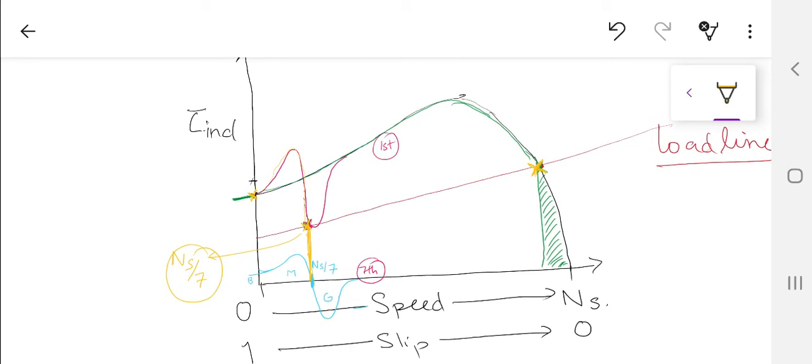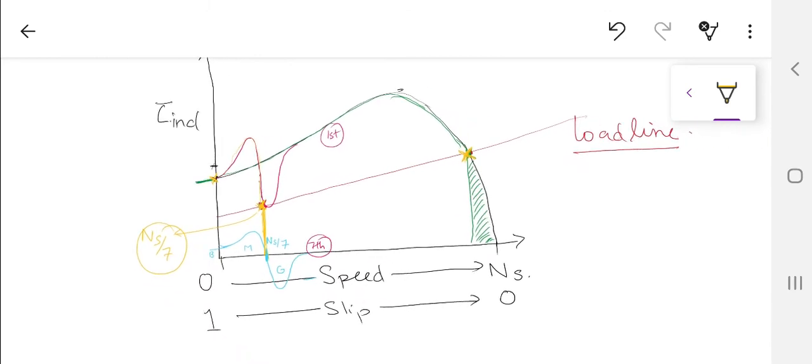This was a low slip region. Now, this is a high slip region, and if you want to find out the slip with respect to your revolving magnetic field, because the machine is now working at ns by 7, it will be enormous.